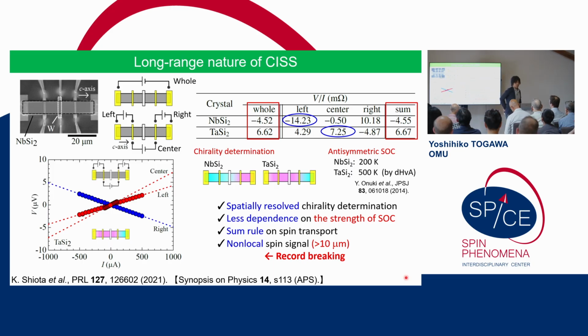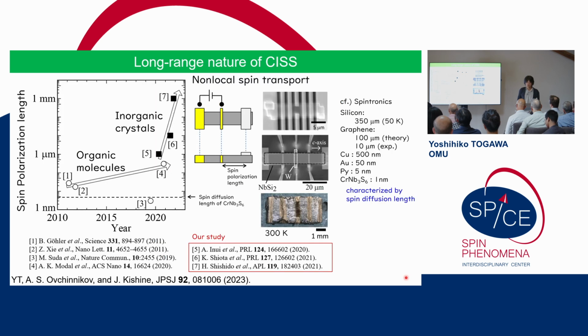Then let me also stress the surprising aspect of this device. That's the distance separation between the electrode and the location of current injection. Here's the length scale. It's about 10 micrometers away from the current injection place.